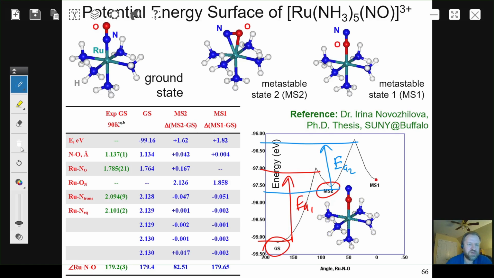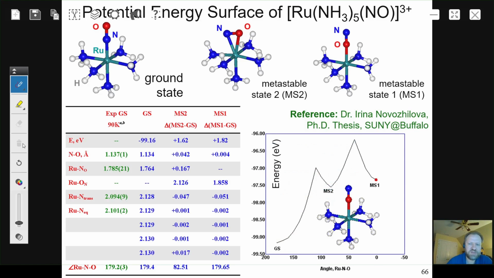And at the top of these peaks here, you have transition state, let's call it 1, and then here transition state 2. So transition state 1 is between ground state and metastable state 2, and transition state 2 between metastable state 2 and metastable state 1.